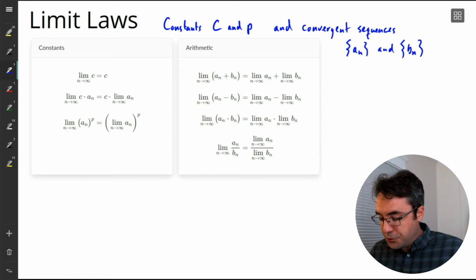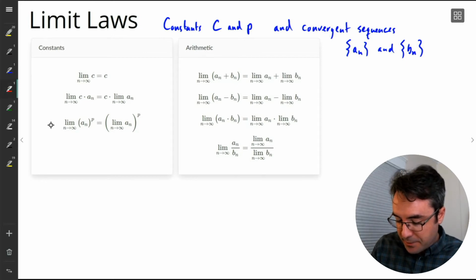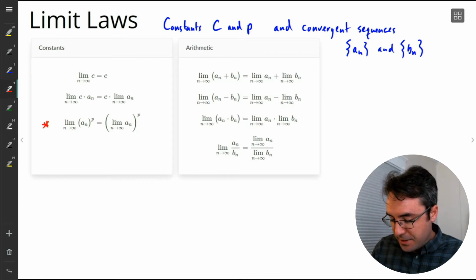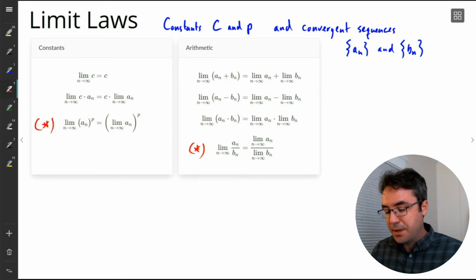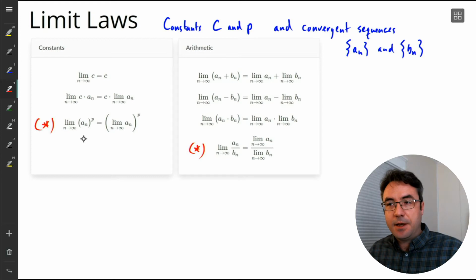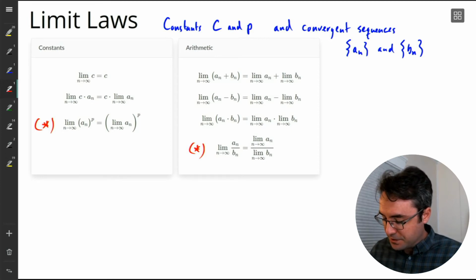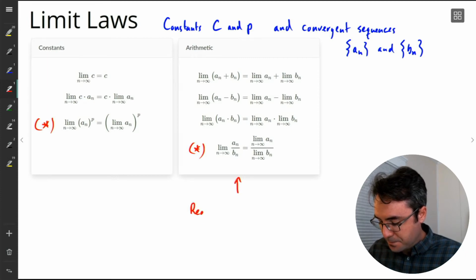Now there are two disclaimers here for this limit law and this limit law. Let's start with the usual. As soon as we start throwing around division, we need to be concerned. So this one only works if the limit of bn does not equal 0.